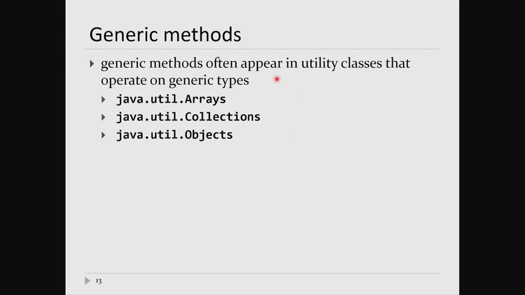Generic methods often appear in utility classes that operate on generic types. So Arrays is the utility class containing a bunch of generic methods that operate on arrays. Collections is the utility class that has a bunch of methods that operate on generic collections. And Objects has some methods that operate on objects.